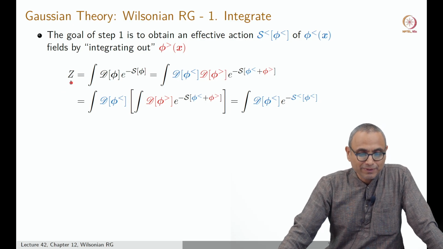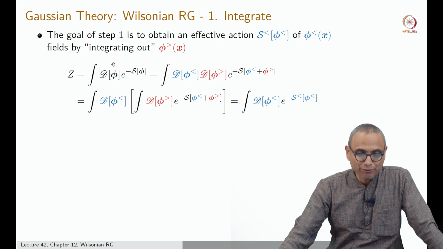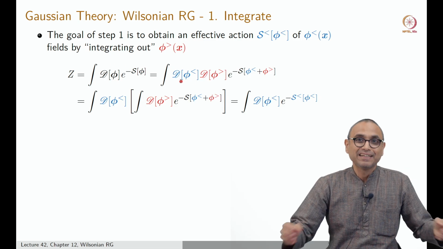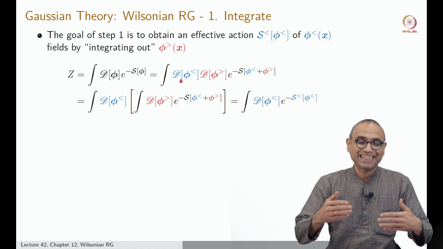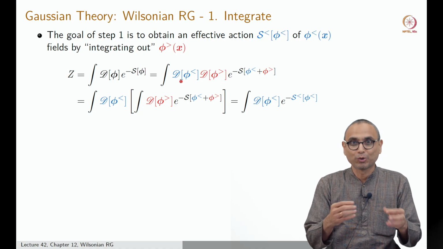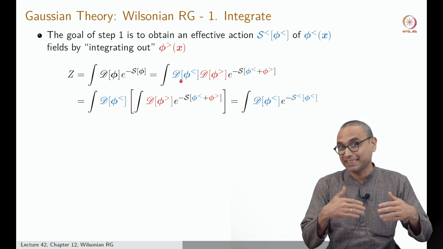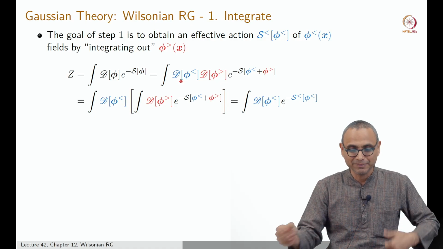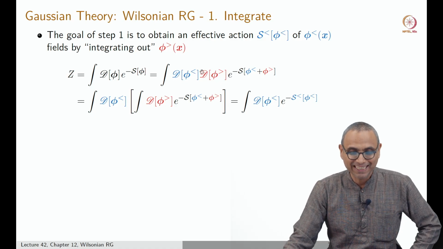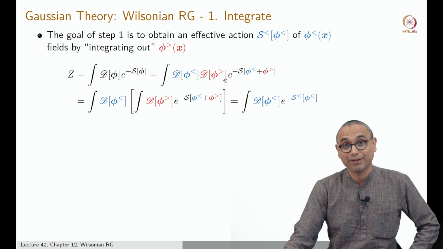Now the partition function is an exact result, this piece is exact. And now we are going to take this d phi and write it as two differentials. It is like saying that something is a sum of two things, and therefore I am going to integrate, and they are like independent terms. So you are going to integrate d phi less than and d phi greater than.